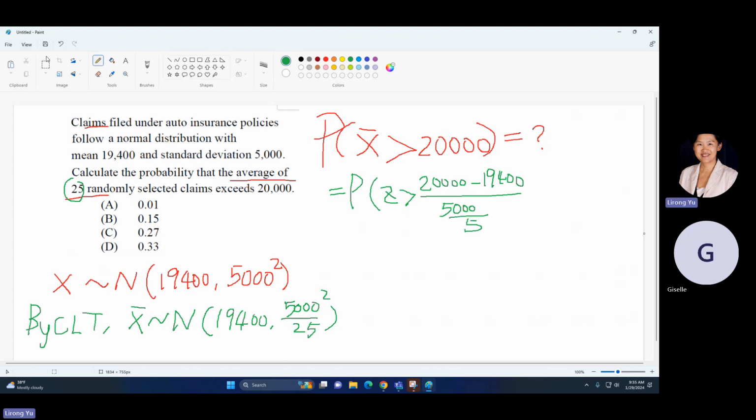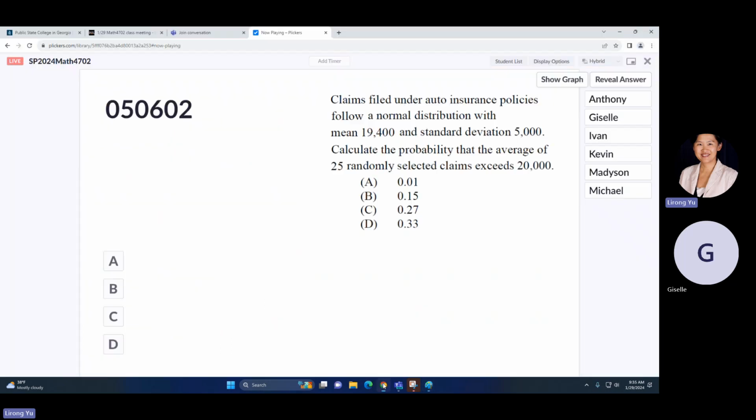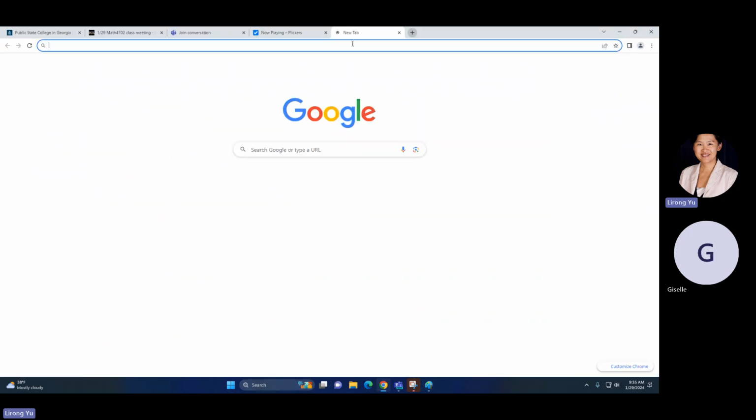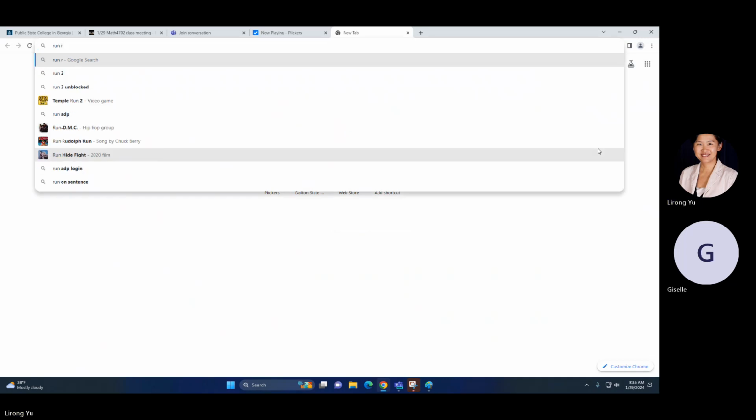So that actually is basically 1,000. So the denominator is really 1,000, and we will calculate the Z value from the right side of the inequality. Once you get the Z value, you have to use a probability table to find the probability. You can find a probability table, or you can run the R code if you want.